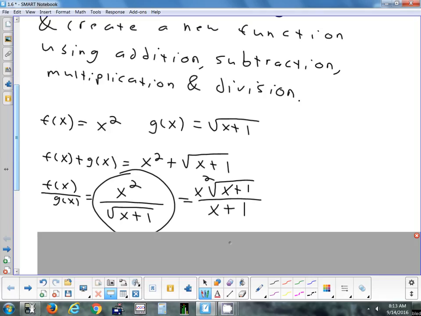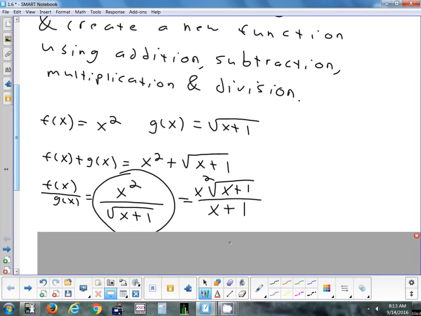But look at what happens here. When you put this in the bottom, you still have that same restriction that you had before. You've got to pick values from -1 to infinity. But by putting it in the denominator, is there anything else I now have to be careful of? Now it can't equal 0 either, not because you can't take the square root of 0, but because you can't divide by 0. So now the domain isn't from -1, including -1, to infinity.